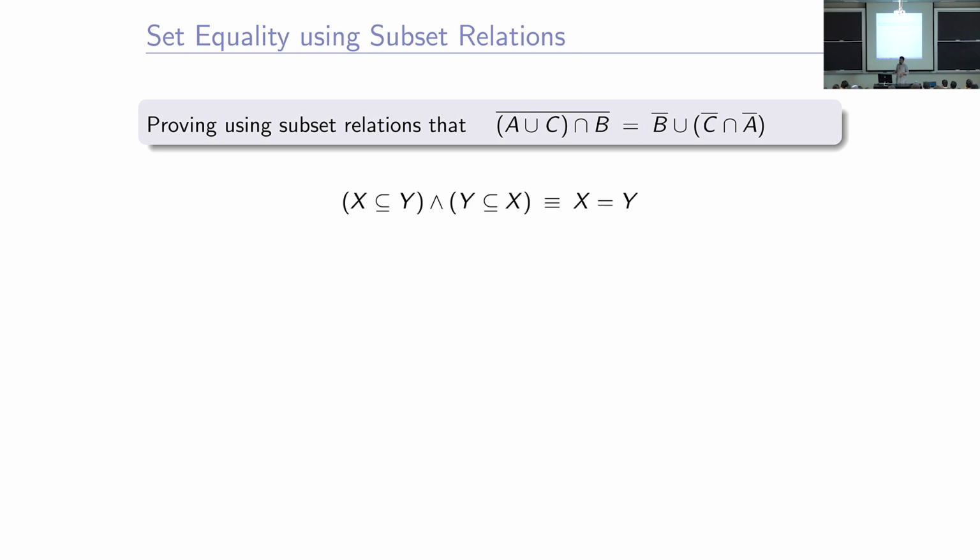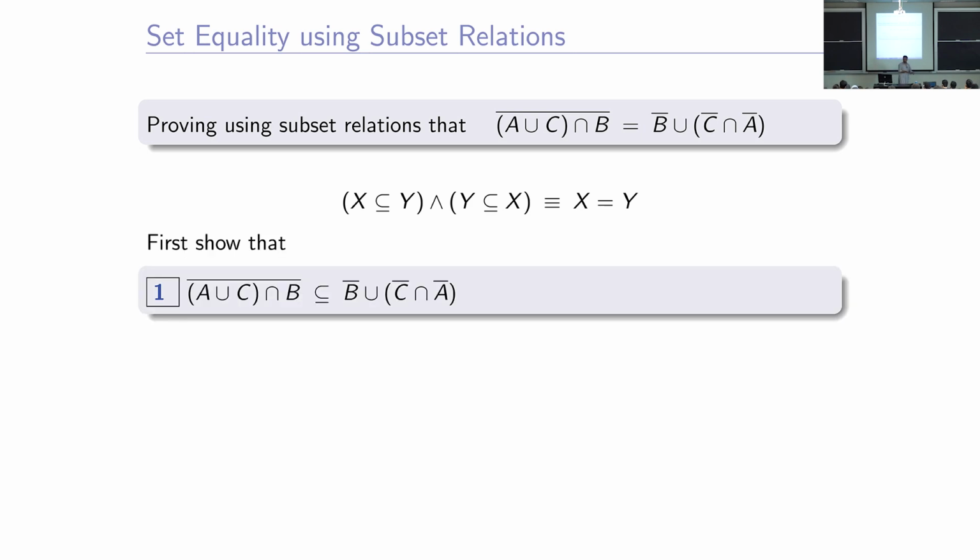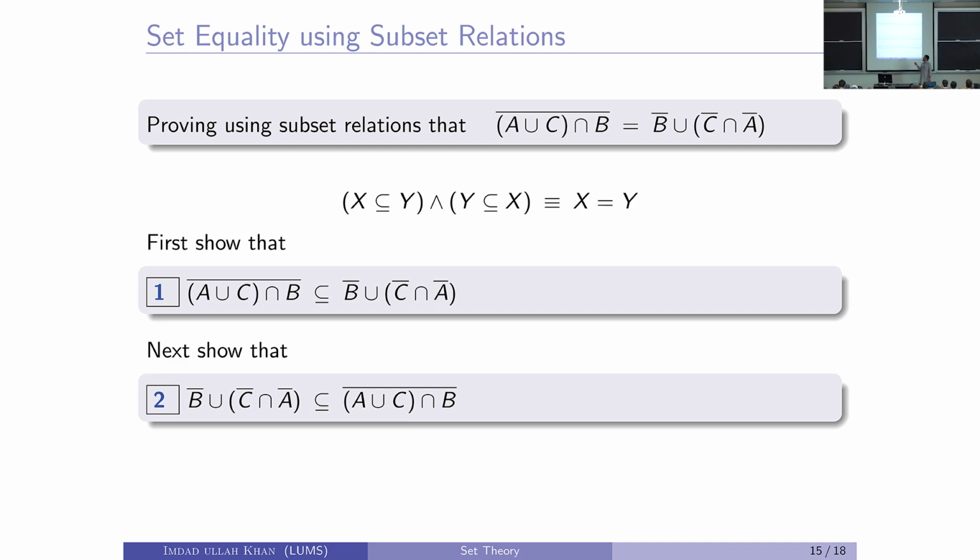So first I will prove that the set on the left hand side is a subset of the set on the right hand side. This is what we call 1. Second, I will show that the set on the right hand side is a subset of the set on the left hand side. Okay, it's clear? Is everyone convinced that this will prove the equality?